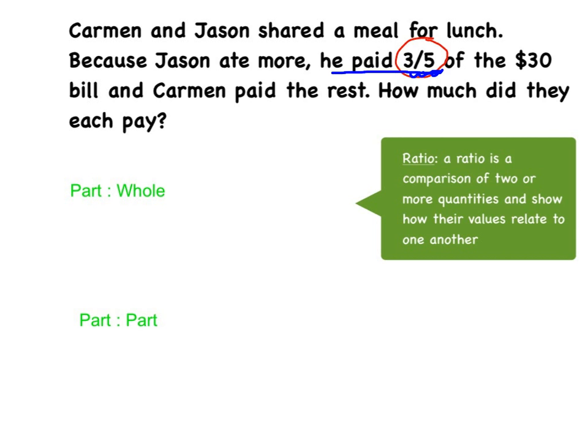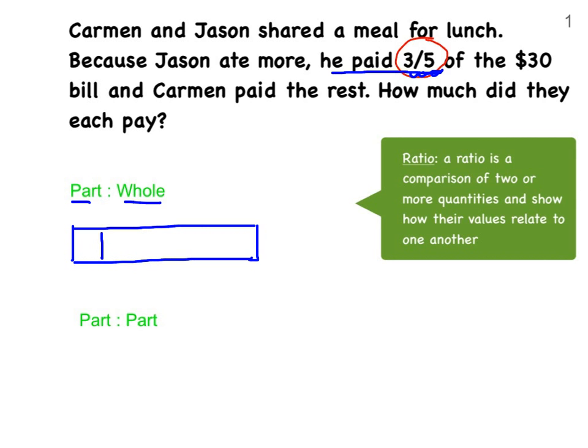First thing, if we're looking at Carmen and Jason's bill, we can think about the amount Jason paid as part of the bill and $30 as the whole. So we're going to draw a unit bar that shows this. Simply draw a long rectangle, and we know that Jason paid 3 out of 5 parts.